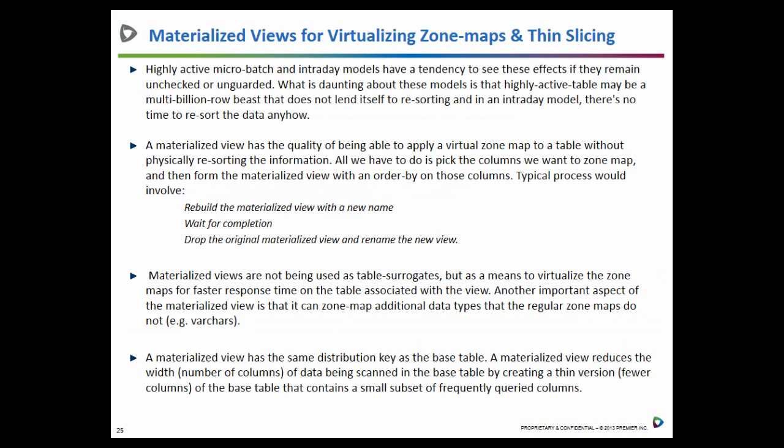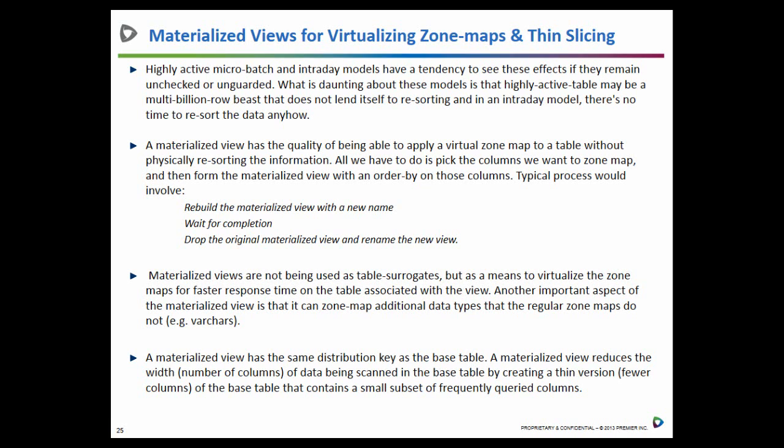So materialized views are used typically as a substitute for cluster-based tables. You don't want to use cluster-based tables because there are different ways of querying data. And you don't need to actually implement a zone map through a cluster-based table.